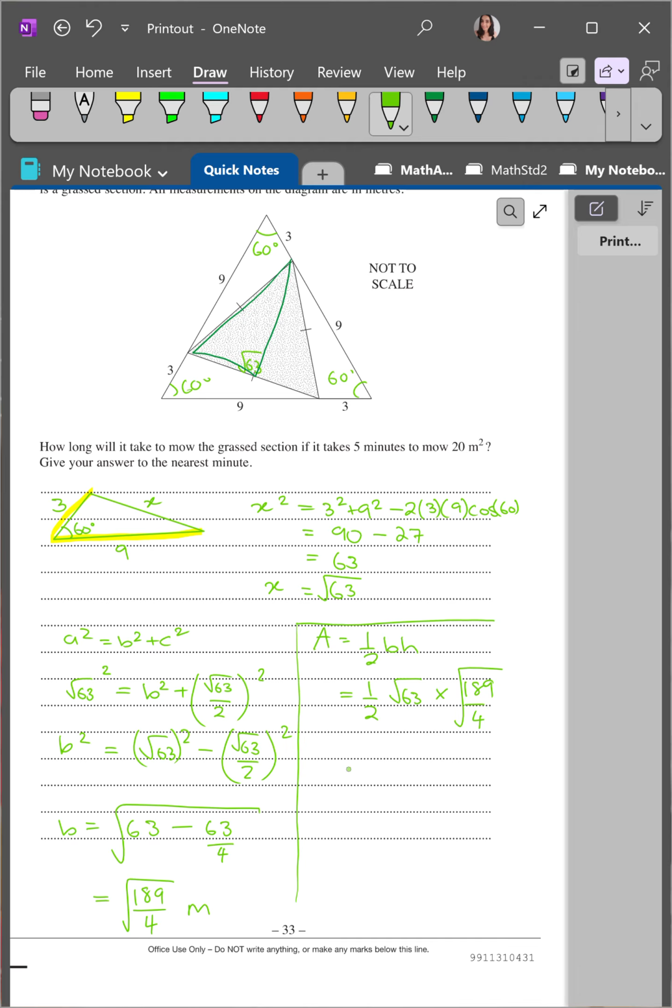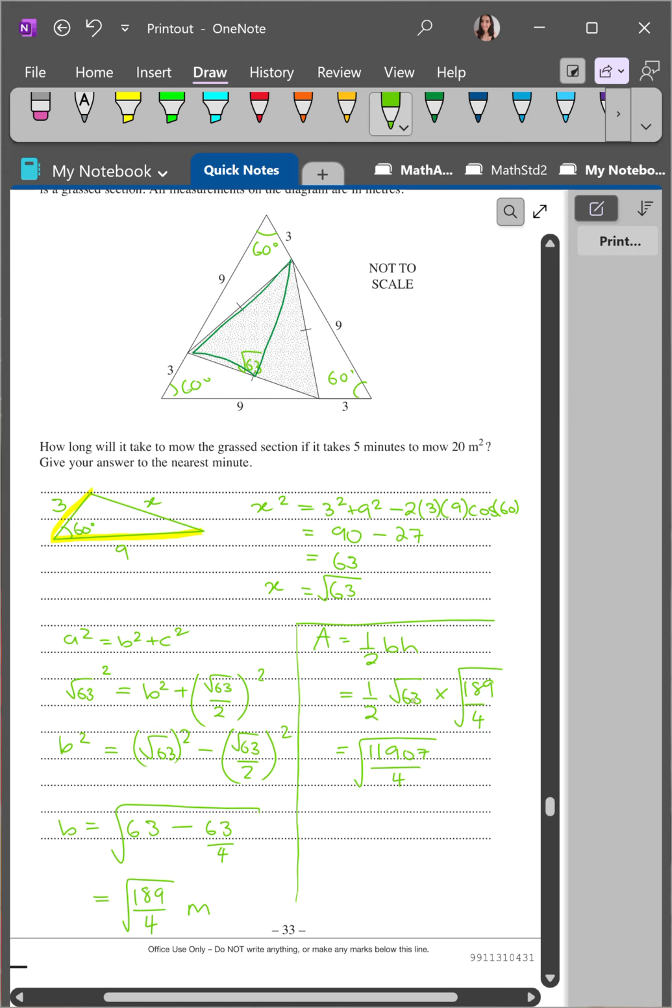And that is going to be equal to the square root of 11907 on 4. Once again, I'm trying to keep all these numbers in their non-rounded format. I don't want to put them in decimals or anything, to reduce rounding errors.